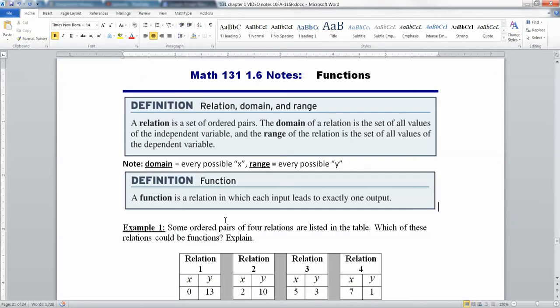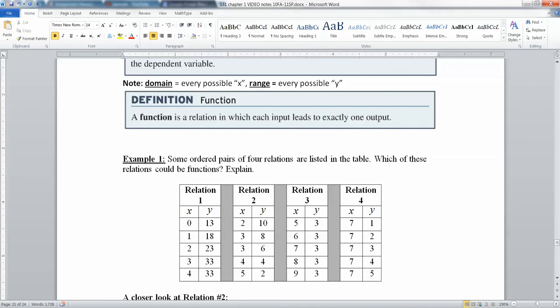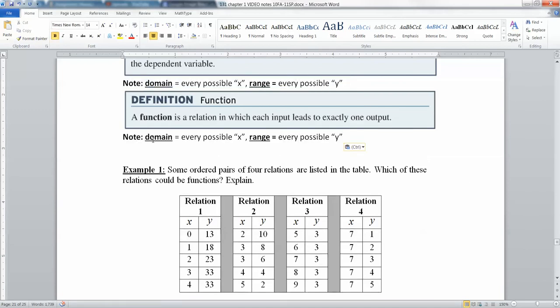It means that every time you have an x value, you can only have one y to go with it. So in a function, every x can only go to one y. And again, x should really be in quotes because it's not always those letters.